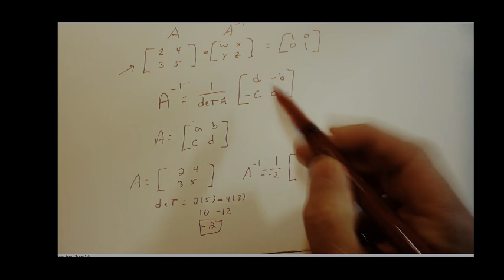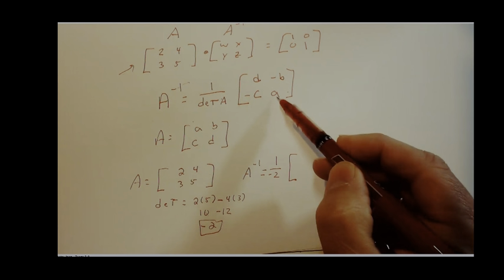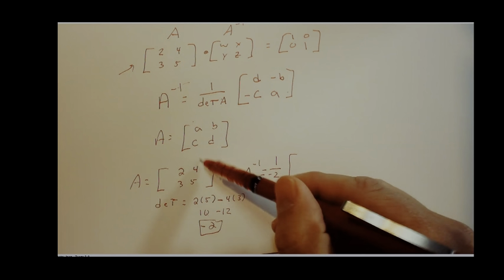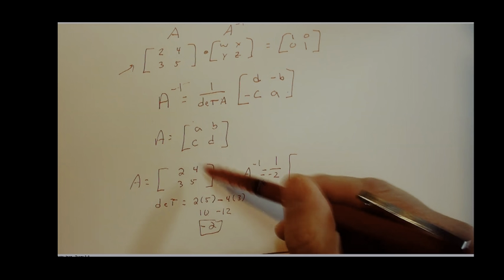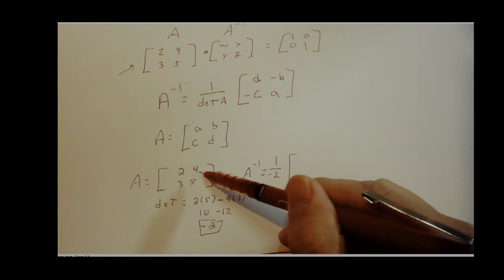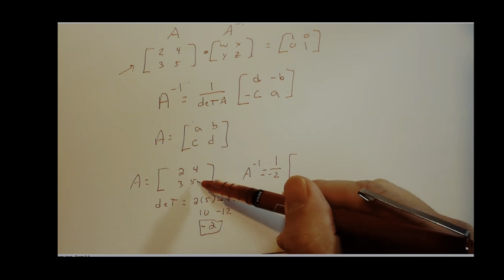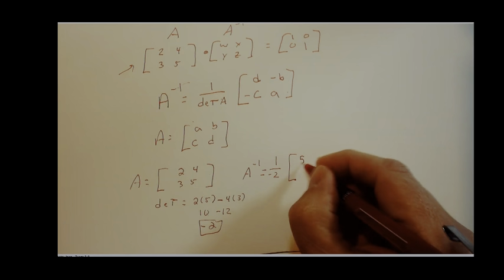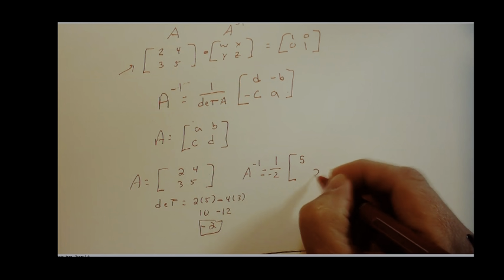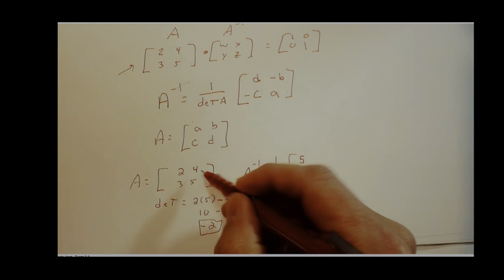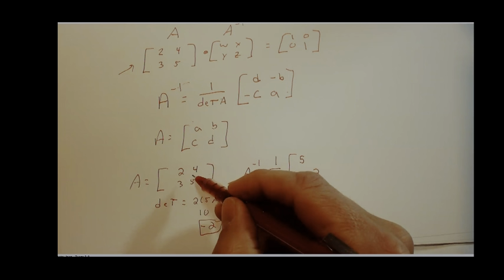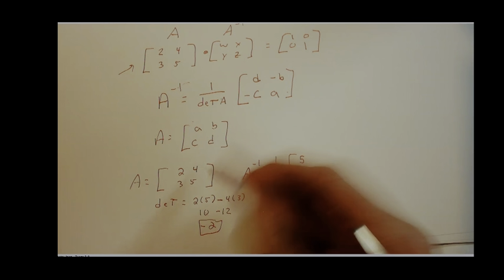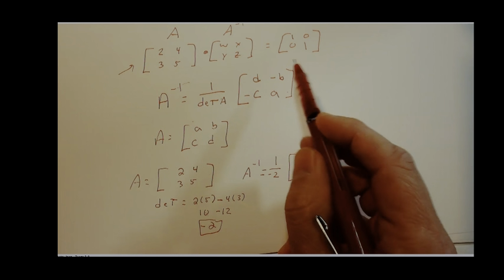Now we're going to switch our A value and our D value around. Our A value was 2, and our D value was 5. So the 5 is now going to go up here. The 2 is going to go down here. And now we're going to change the signs of our B and C values.